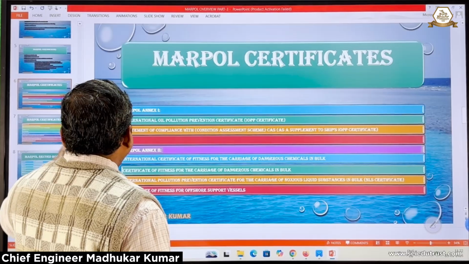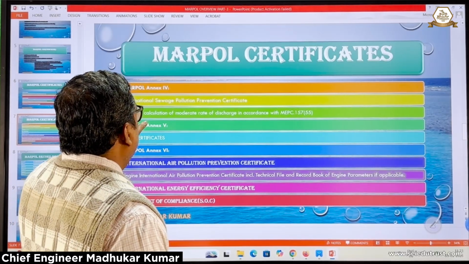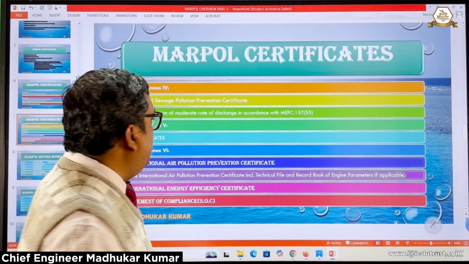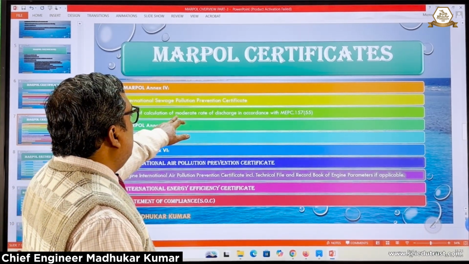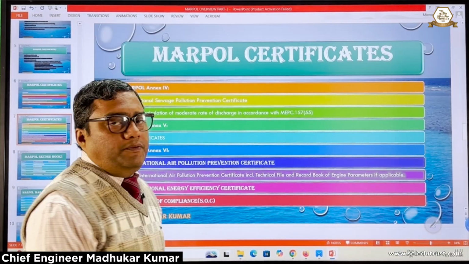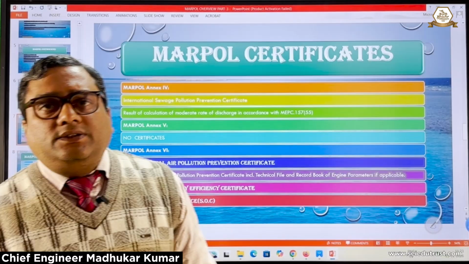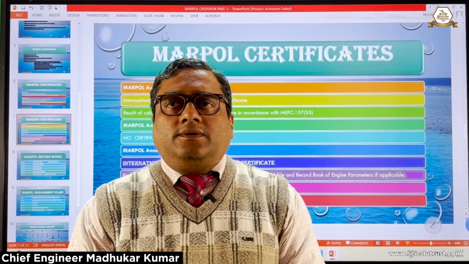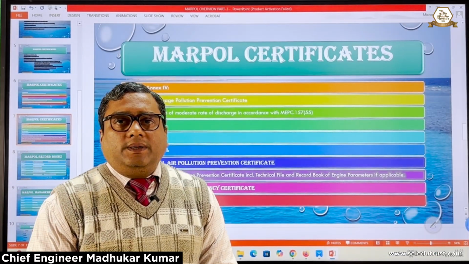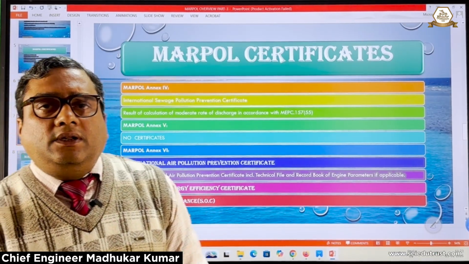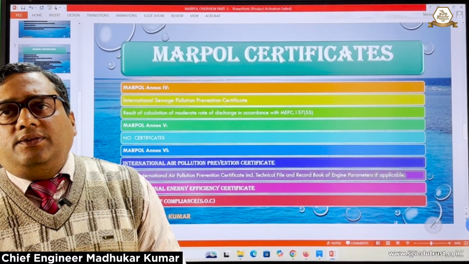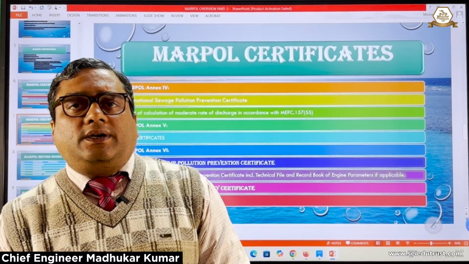Okay. Next you can see here Annex 4, International Sewage Pollution Prevention Certificate, which I have discussed already. Then the result of calculation of moderate rate of discharge in accordance with MEPC 157/55. Basically the discharge rate for sewage as per the class requirements, the draft of the vessel, and the speed of the vessel are also considered, and then the moderate rate is calculated.